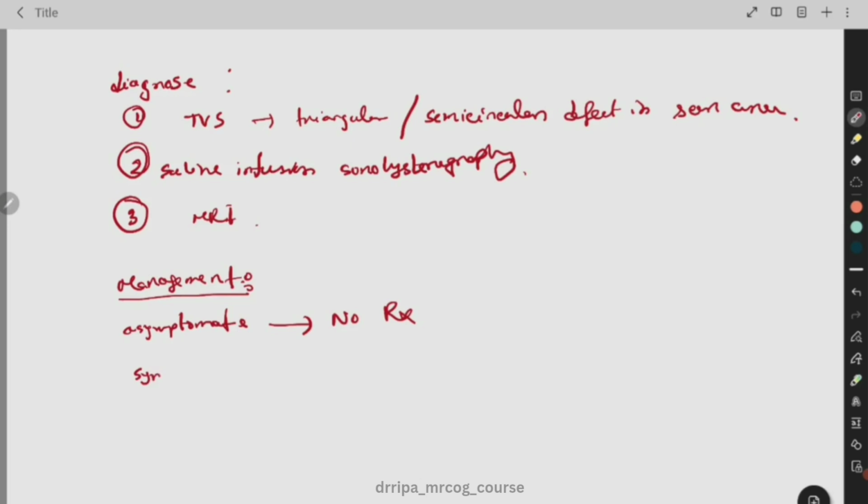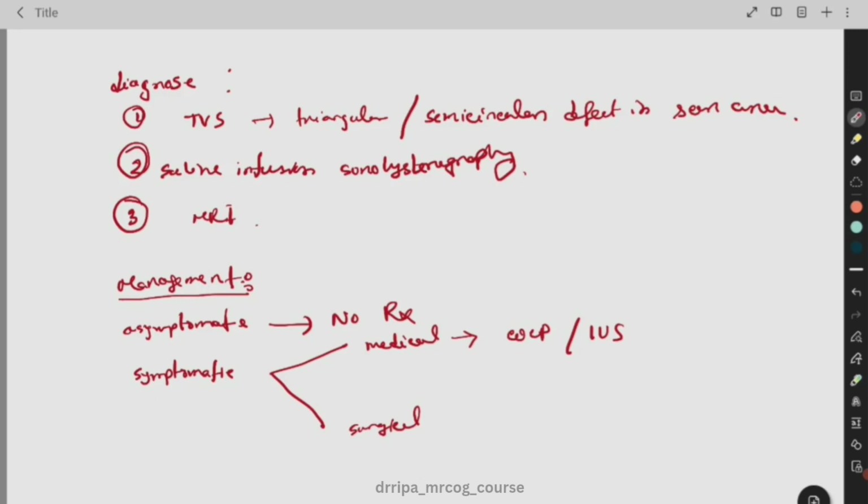If she is symptomatic, then we have two options. First is medical treatment. Second is surgical treatment. In case of medical treatment, this includes hormonal methods such as the combined oral contraceptive pill or levonorgestrel releasing intrauterine system. These help control the abnormal bleeding.